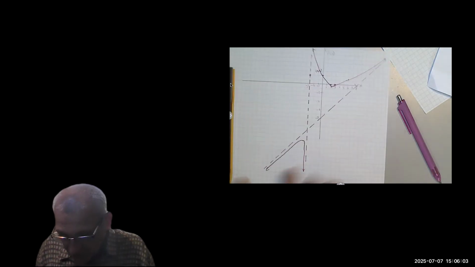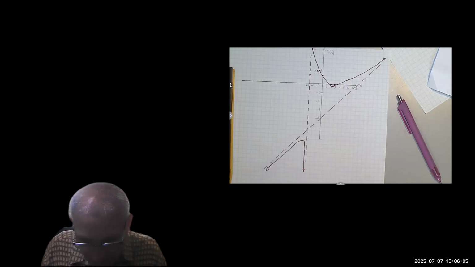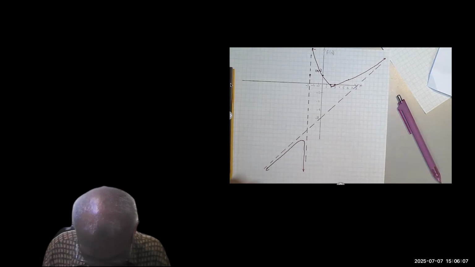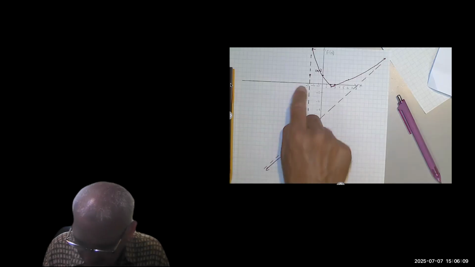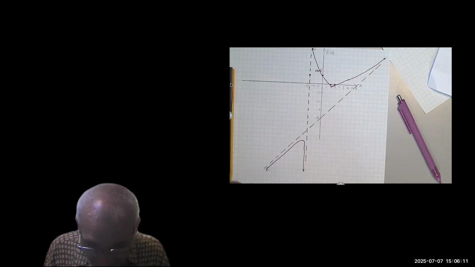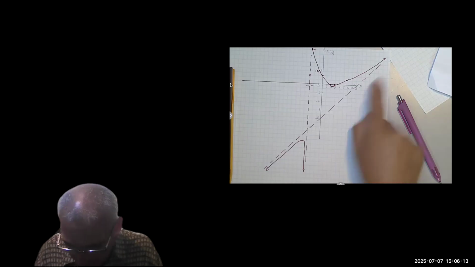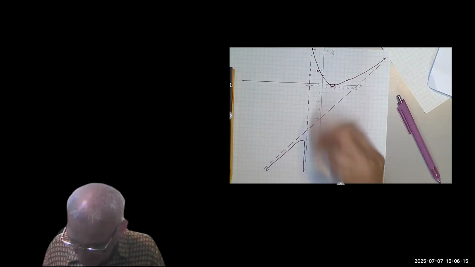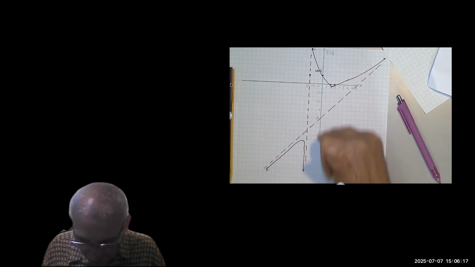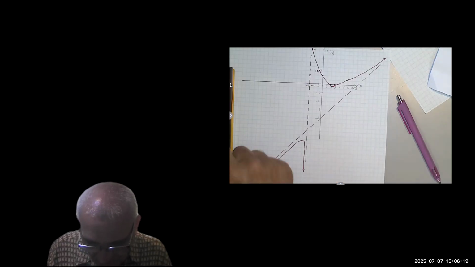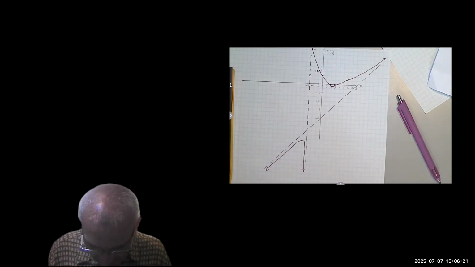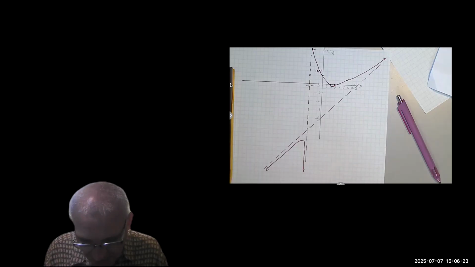The window has to go, let's make it -10 or something, because this is -3, so -10, and then +10 also is good. For the y, I have to go really down. So I say negative 15, and positive 5.